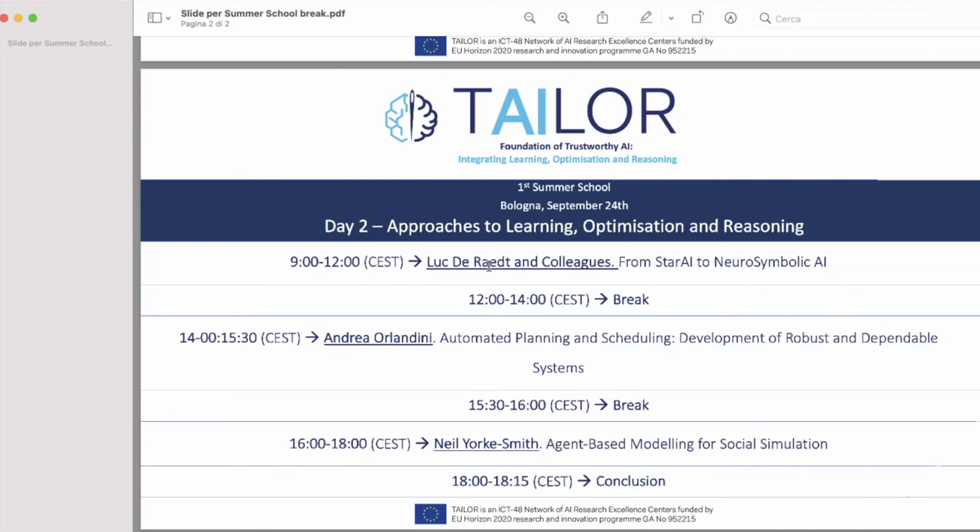Tomorrow we will have Luc de Raedt and his colleagues talking about insights from their work on neurosymbolic AI, integrating some paradigms.